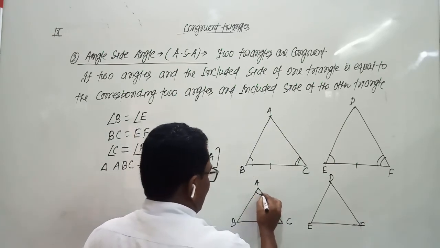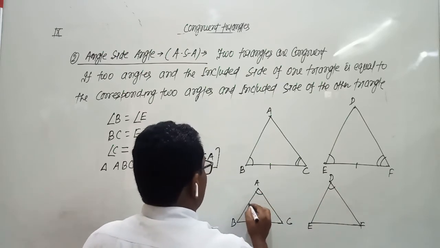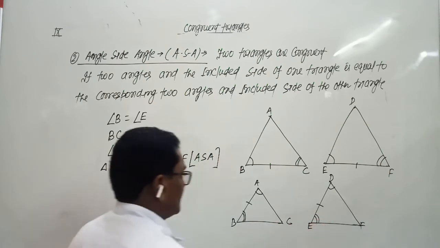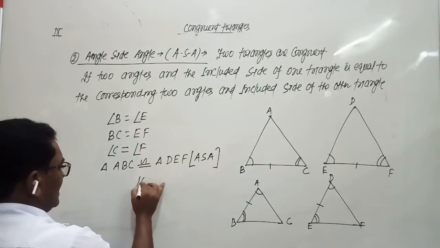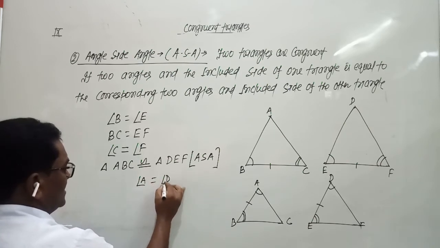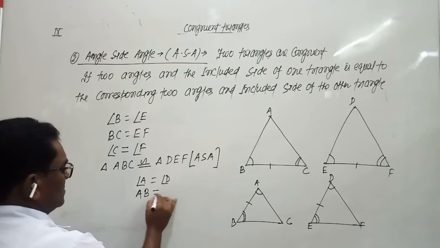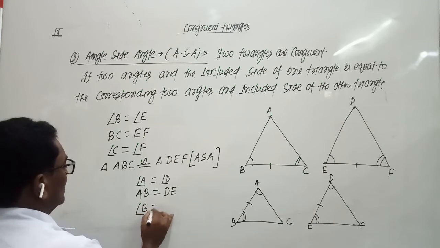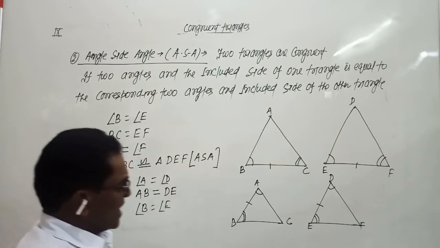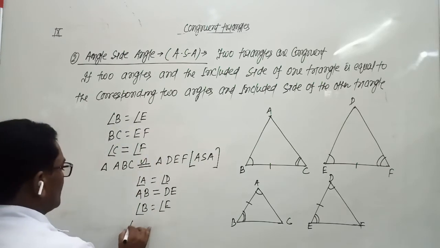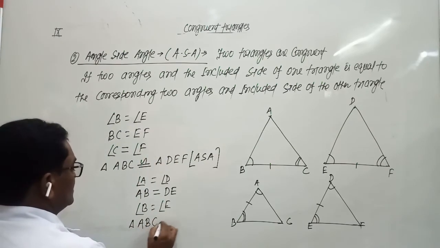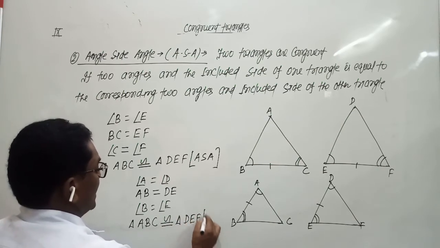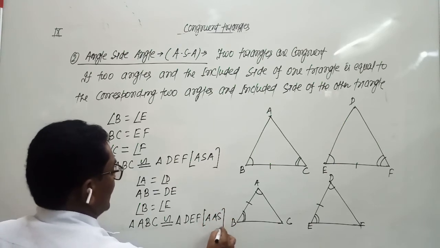It may be possible that angle A equals angle D, side AB equals side DE, and angle B equals angle E. Then these two triangles are also congruent. Triangle ABC is congruent to triangle DEF by the AAS criterion.